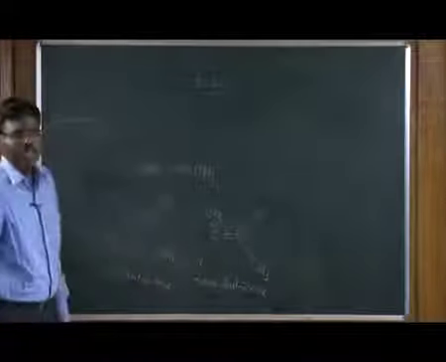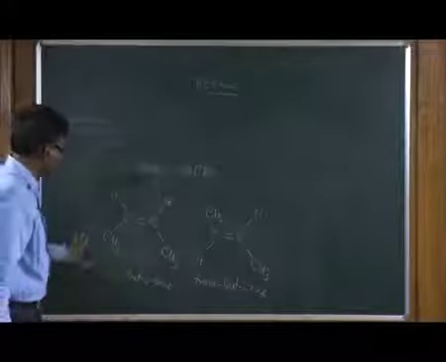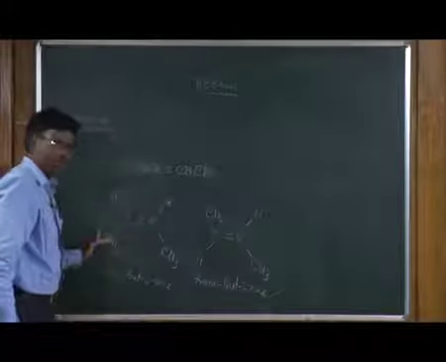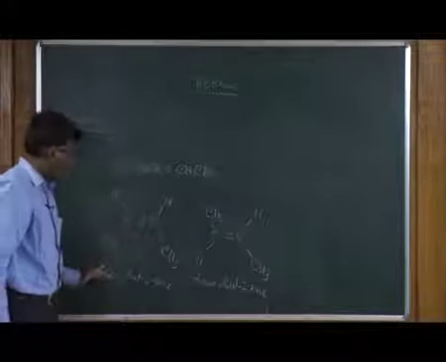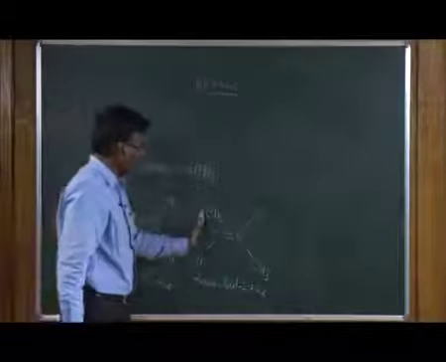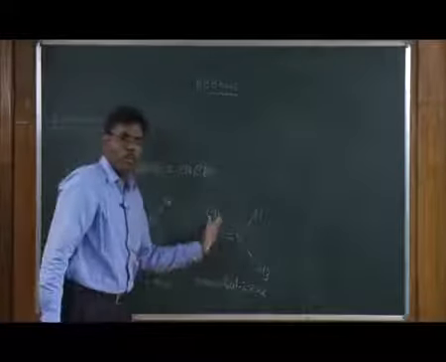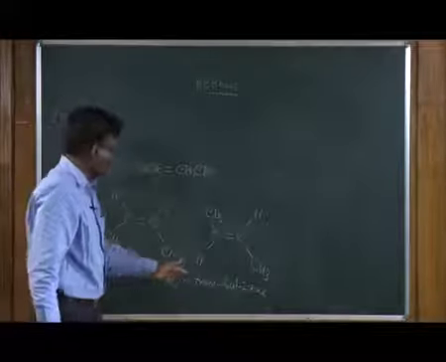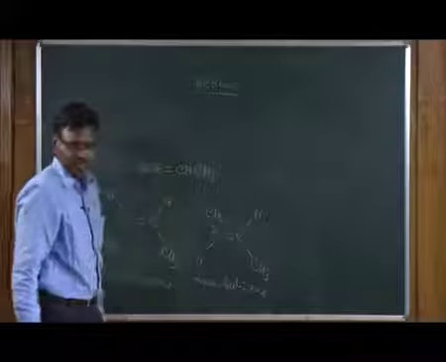These are called geometrical isomers. With both methyl groups on the same side, it is cis-butene, and with the methyl groups on opposite sides, we call it trans-butene.